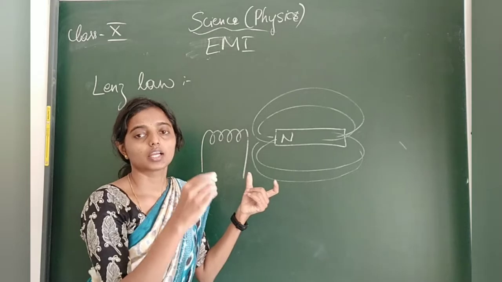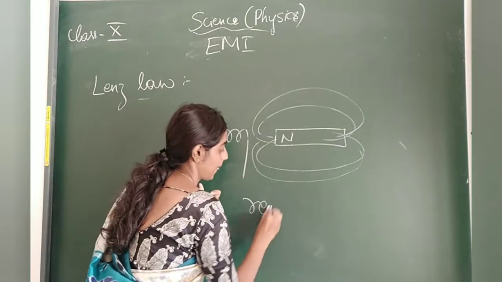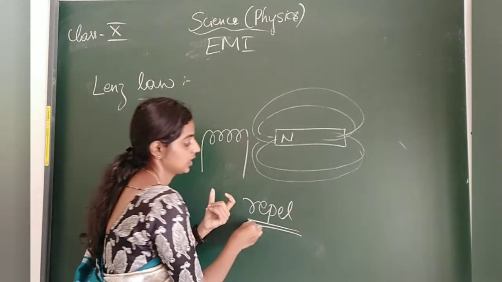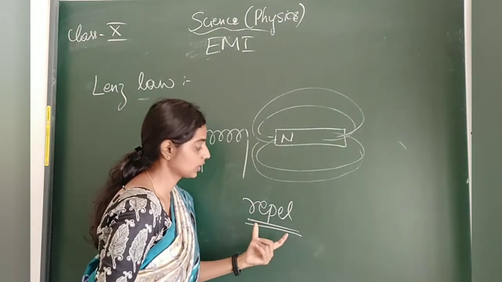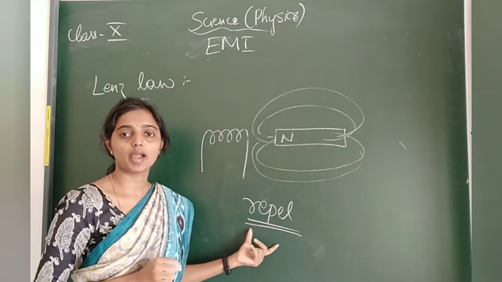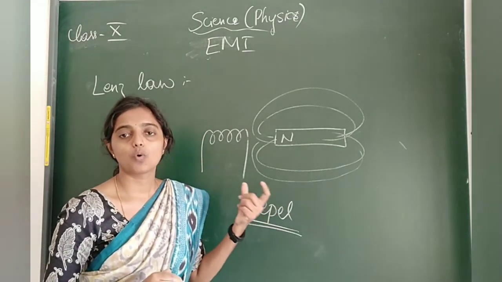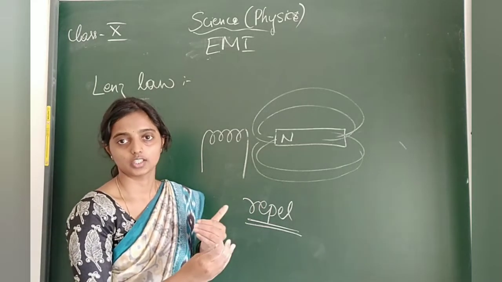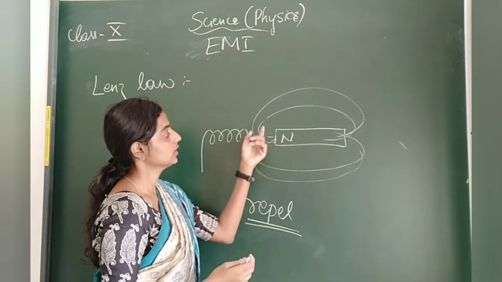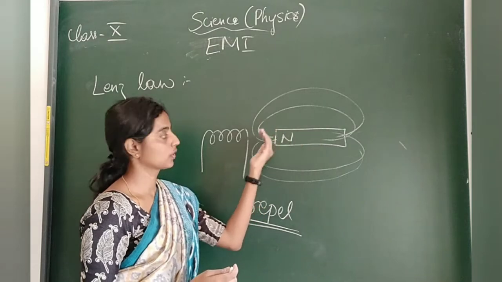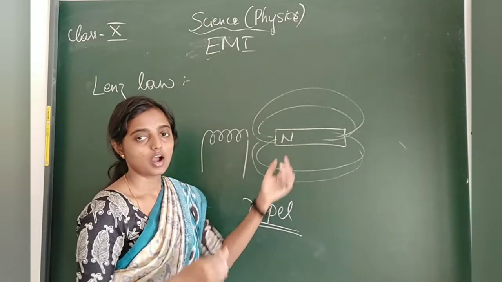Opposing is nothing but repelling. When we hear the word repel, what comes under the property of magnets? Like poles will repel each other. So when the magnet approaches and the coil repels it, how will it repel?